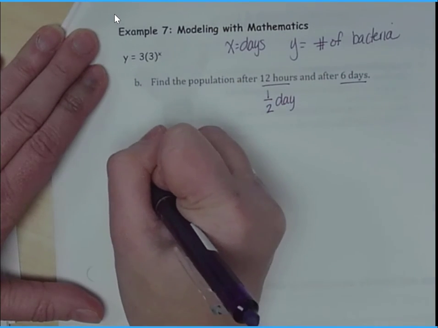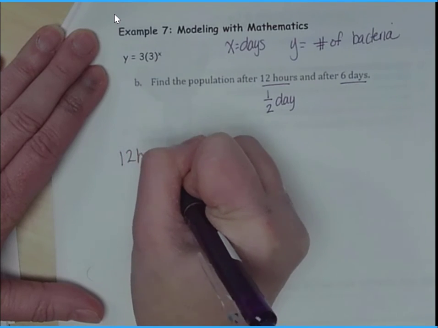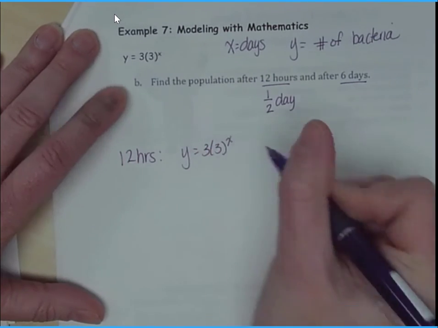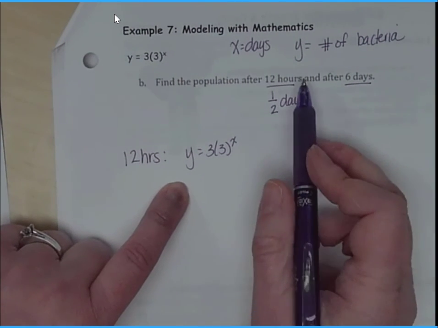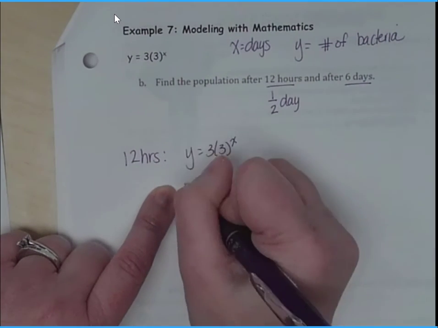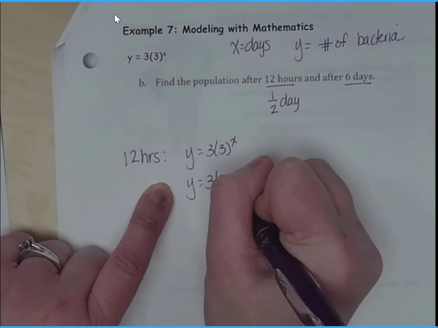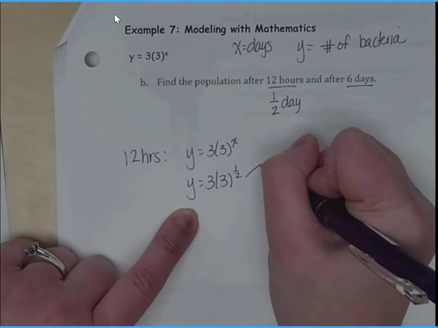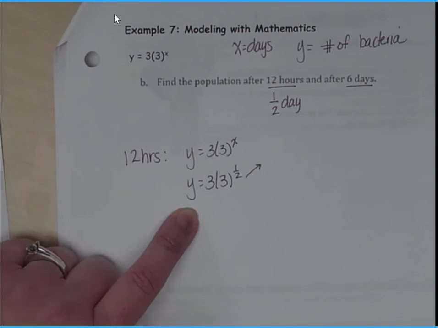So if I'm looking for 12 hours, I'm still going to use the same formula, but I have to remember that x is in days, not hours. So I've got y equals 3 times 3 to the 1/2. Now remember, I can write that a variety of ways.